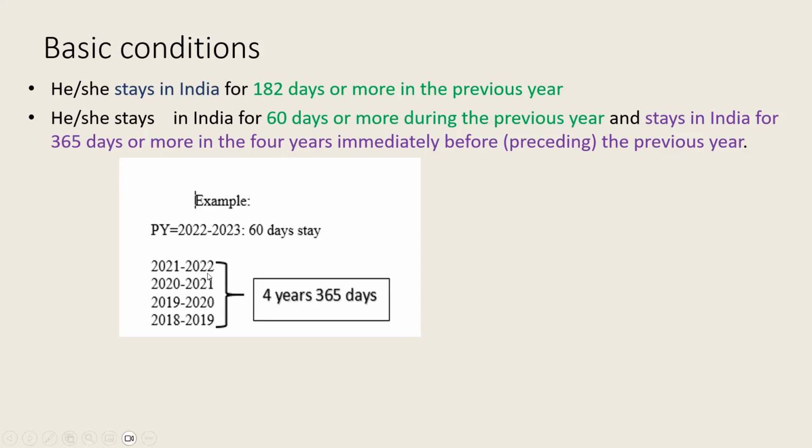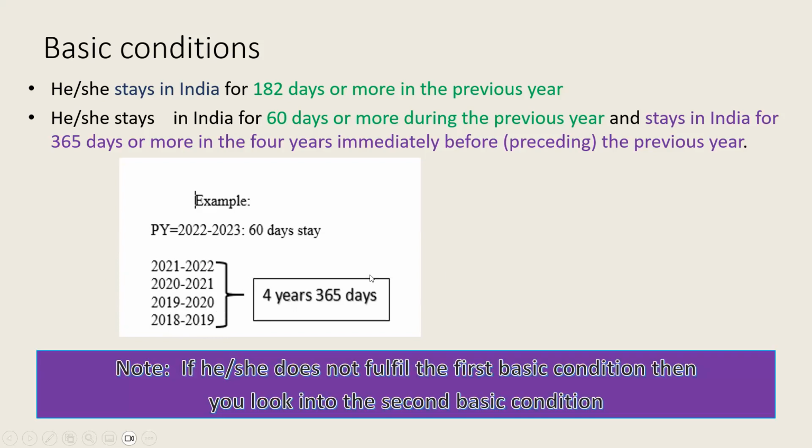And the preceding 4 years for the previous year 22-23 are 21-22, 20-21, 19-20, and 18-19. So in these 4 years, a total of 365 days he must have resided in India. Note, if he or she does not fulfill the first basic condition, then you look into the second basic condition.